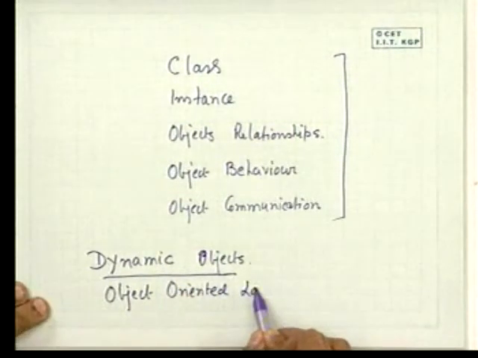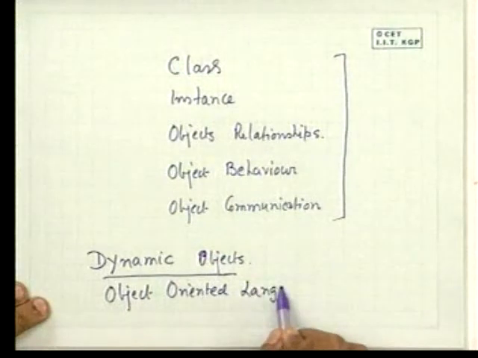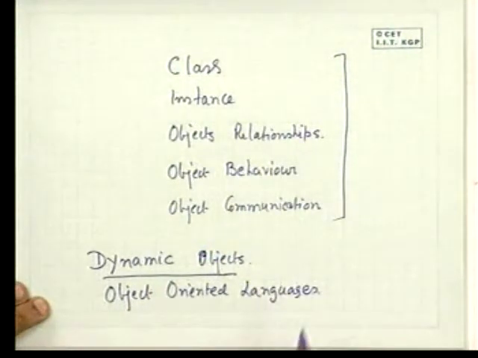Now, as I have mentioned in the beginning, our target would be first of all to look at the basic features of any object-oriented language, how they are really supporting all these concepts we have introduced, whether they support all these features, and then go into a specific language, and we will be focusing our attention on the language Java.